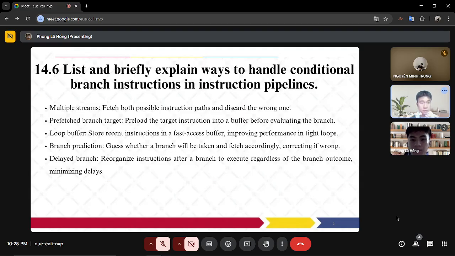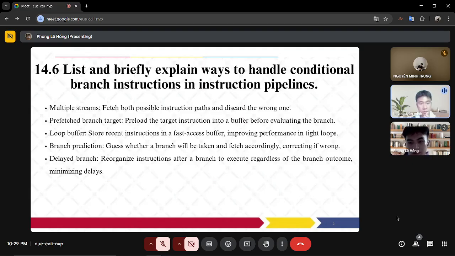4. Loop buffers. Store recent instructions in a fast cache buffer, improving performance. 5. Branch prediction.